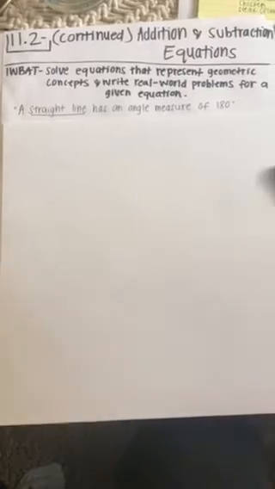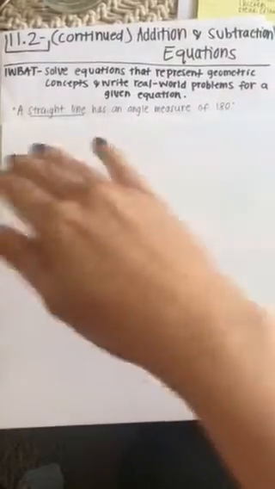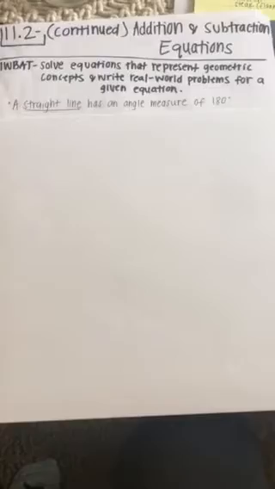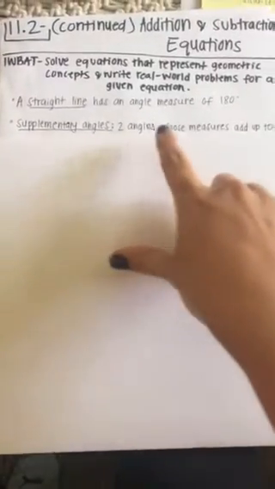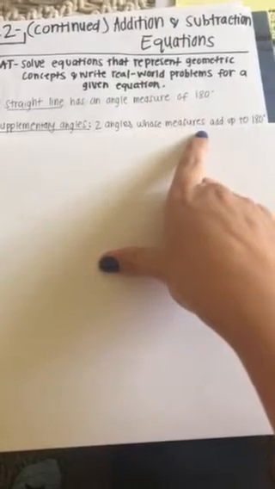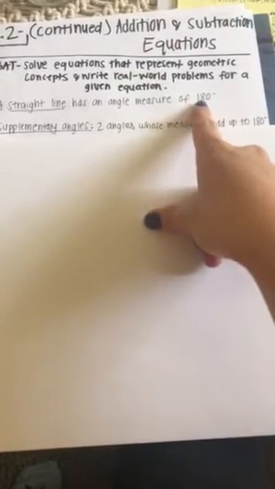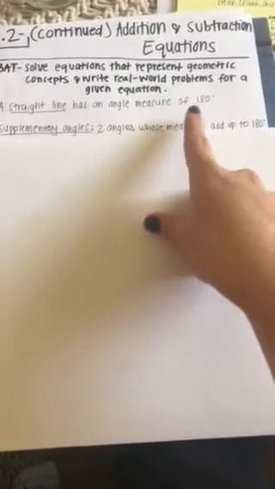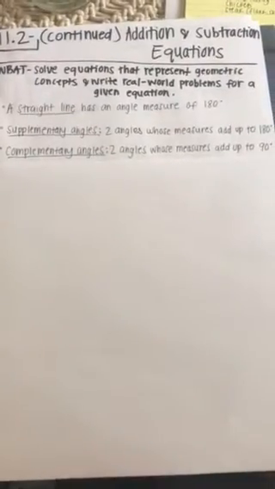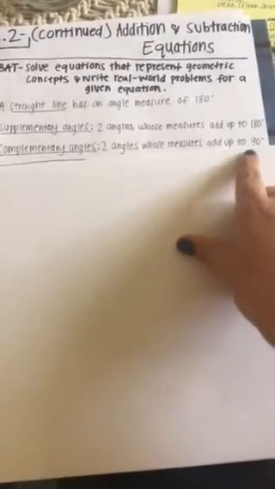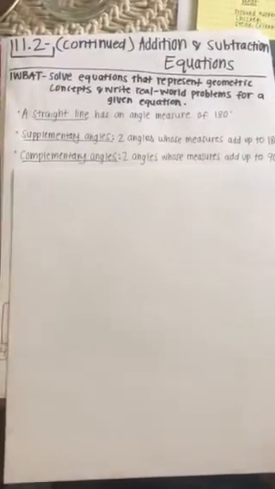So 180 degrees is the amount of a straight line. Supplementary angles are 2 angles whose measures add up to 180 degrees. You will see that in just a minute. I'm going to show you a couple of examples. Complementary angles are 2 angles whose measures add up to 90 degrees.